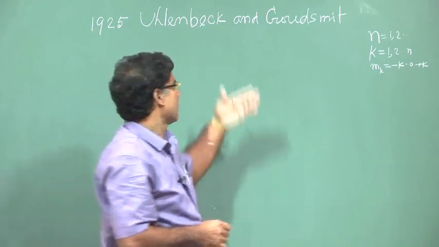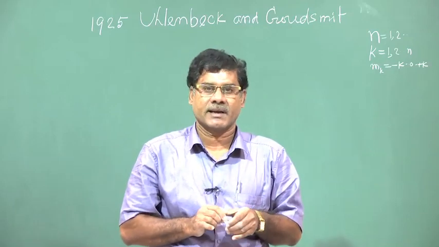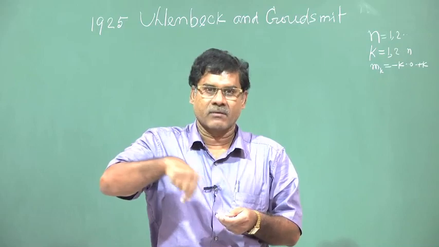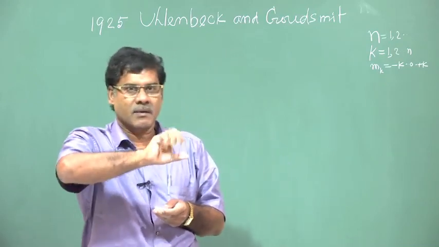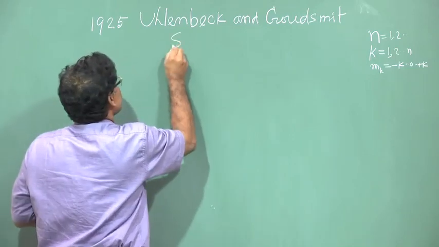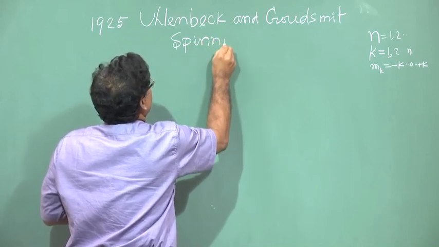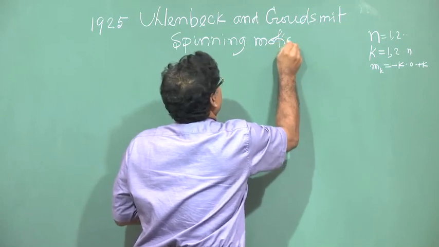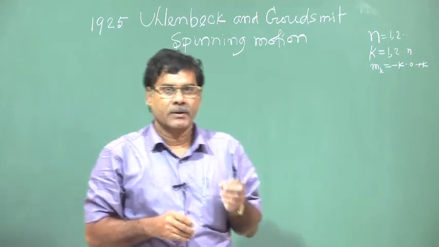In this case also they considered a similar spinning motion of the electron. When electrons are rotating in an orbit, they also have spinning motion, rotating about their own axis. They considered the spinning motion of electrons in orbit.